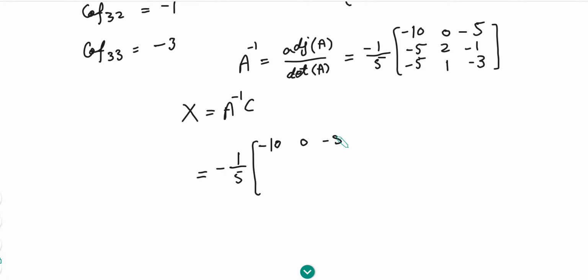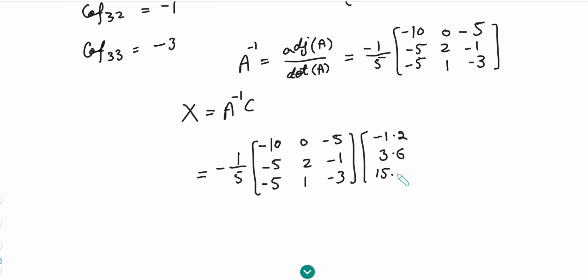We are not going to do this yet, for simplicity, and we will do it at the end. First we multiply with the C matrix. So this C is the following: -1.2, 3.6, 15.8. Okay, so this is our multiplication.